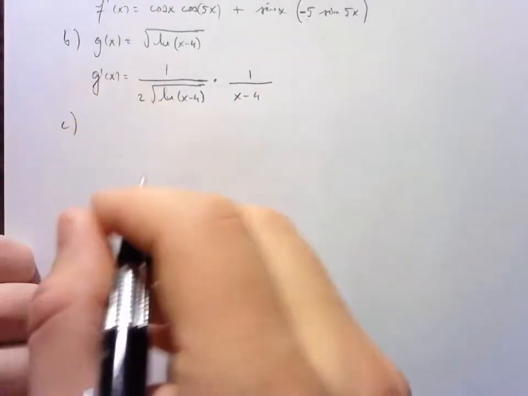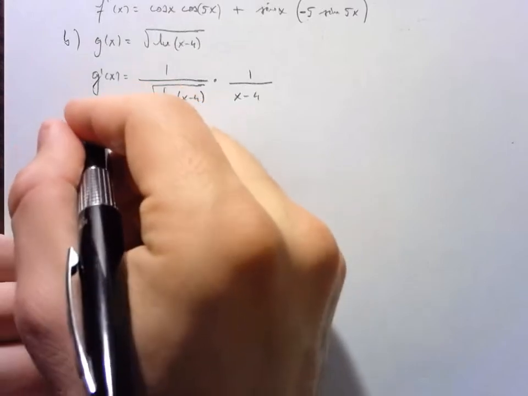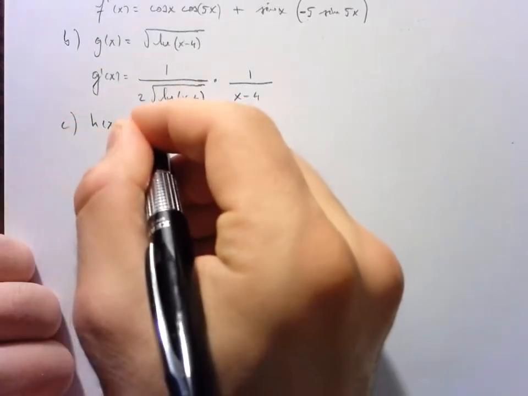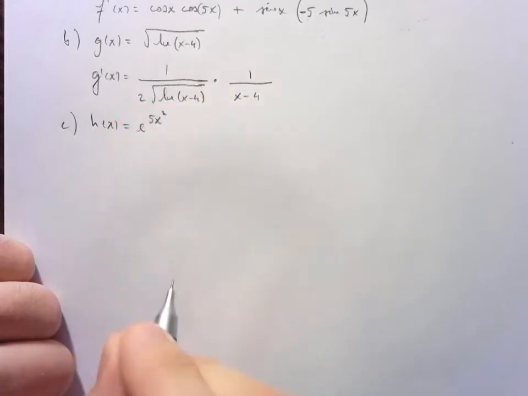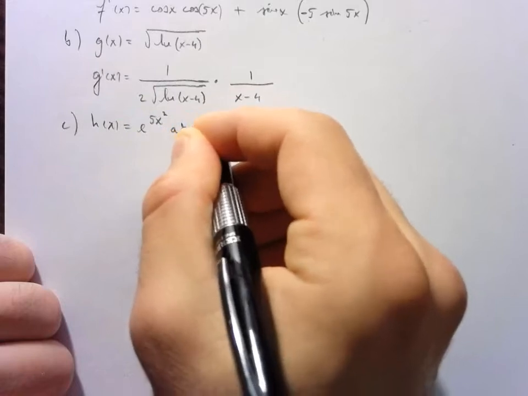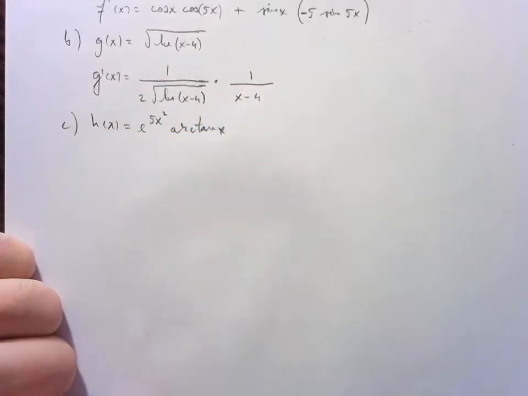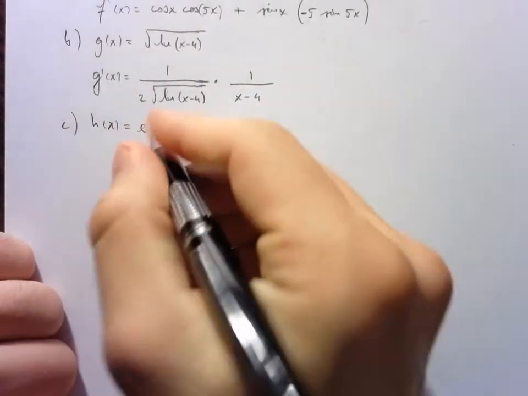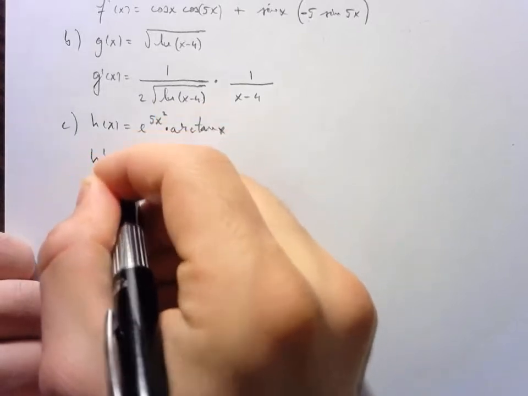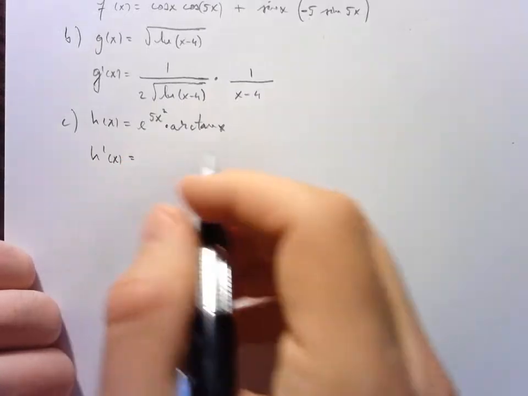And the last one, part C, is h of x equals e to the 5x squared times arctangent. Again, we have a product of two functions, which means we're going to invoke the product rule. So h prime of x is going to be the derivative of the first now.